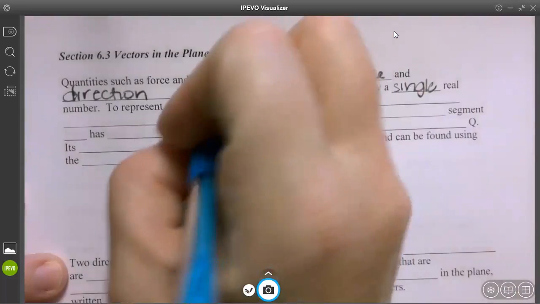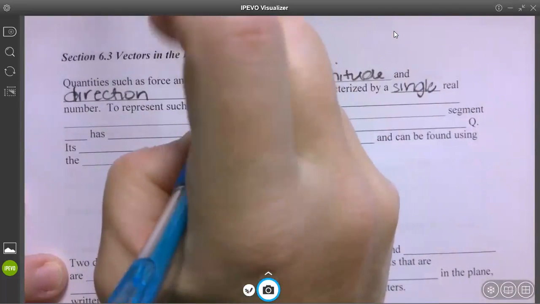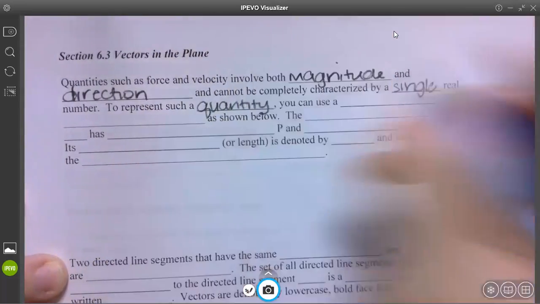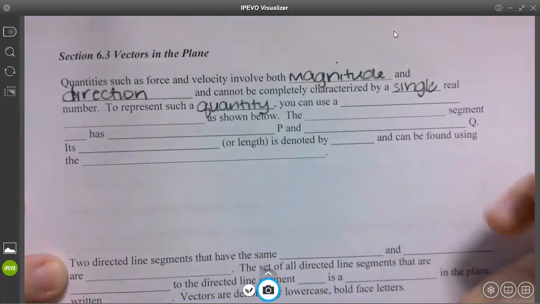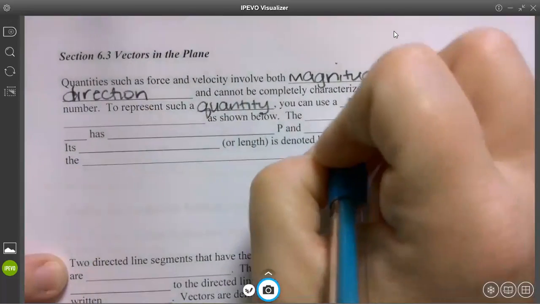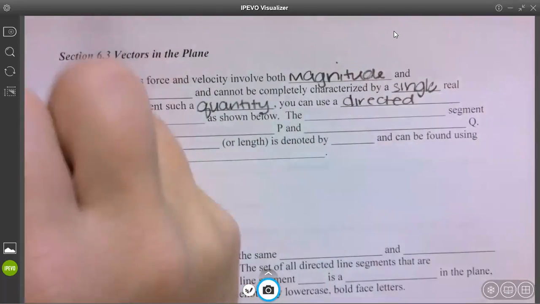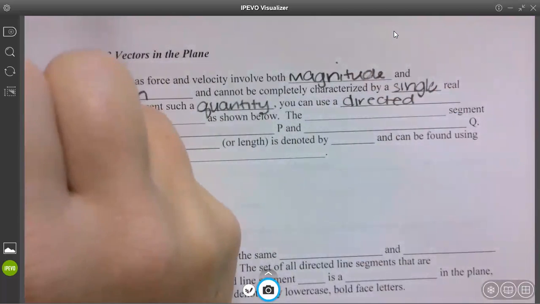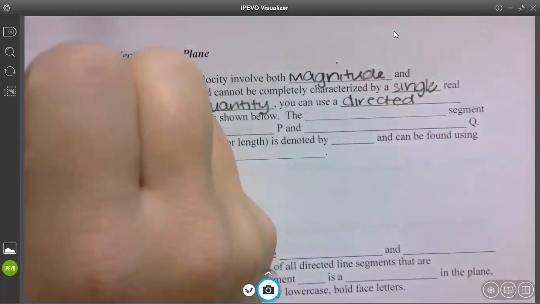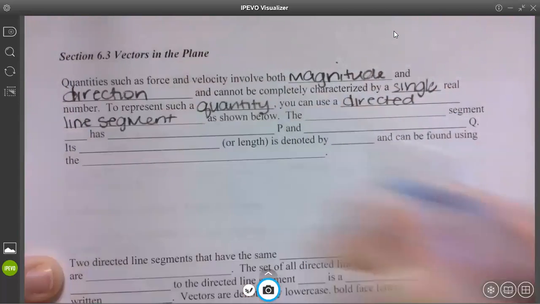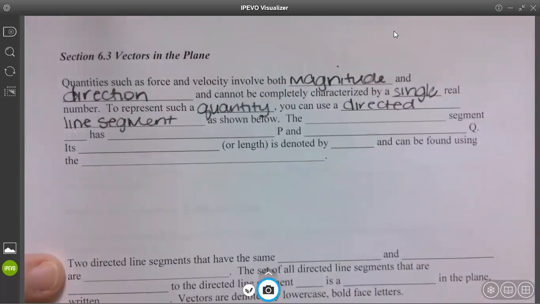To represent such a quantity, you can use a directed line segment as shown below, and I'll show you guys that in just a minute.